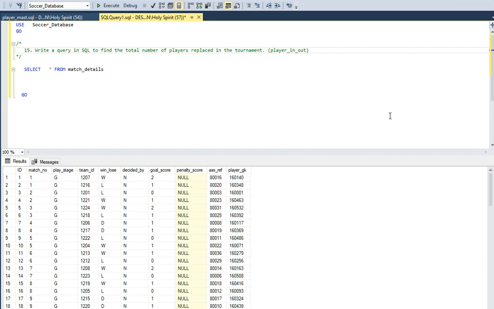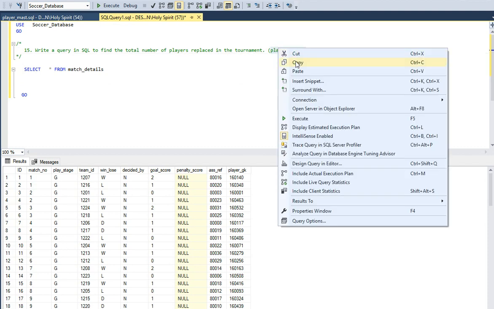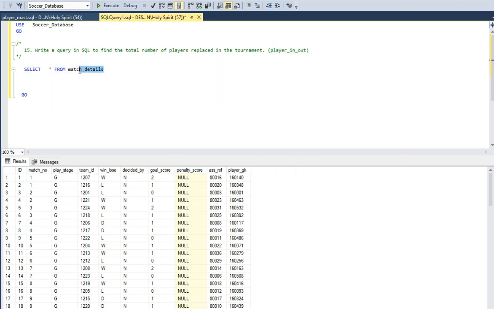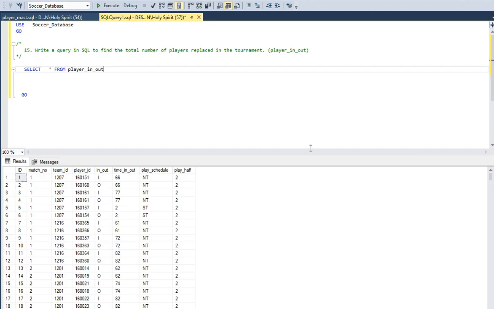The next question is, write a query in SQL to find the total number of players replaced in the tournament. Player in and out. Copy, paste, execute. So here we have to count the total number of players replaced in the tournament. Player ID. So we cannot check the player out.